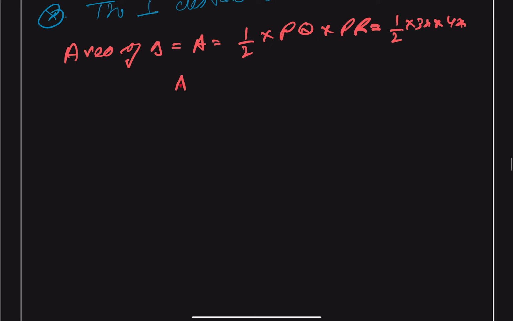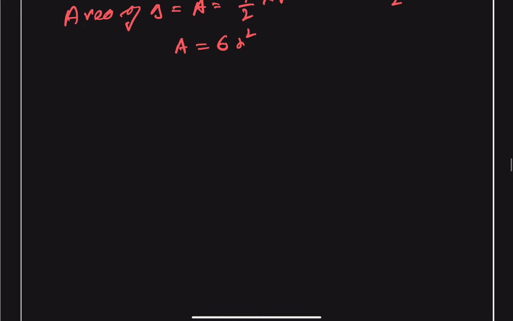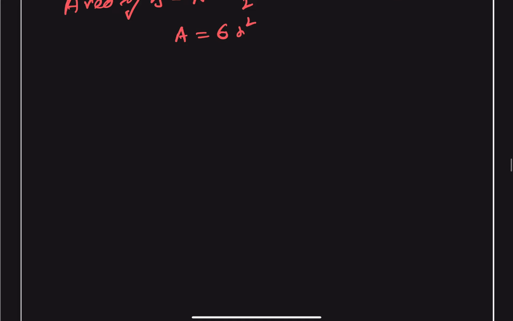So the area will be 6x square. We can express the same area in terms of the height as well as the hypotenuse QR, because area is also half base into height. So area is equal to half into QR multiplied by the perpendicular distance d.